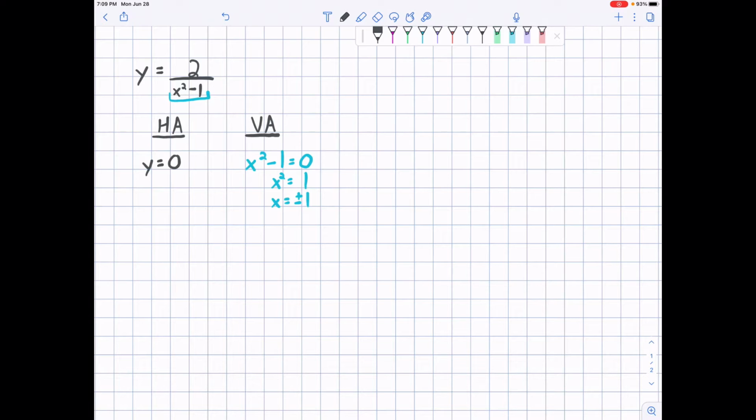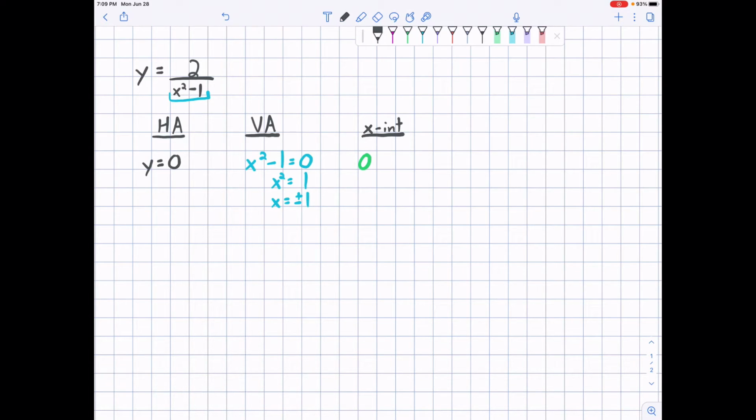Other things you'll need to find with the original function are the x and y intercepts. To find the x-intercept, with any fraction, it's the numerator that tells us what makes the function equal 0. Why am I talking about the function equaling 0? Because at an x-intercept, we make y equal to 0.